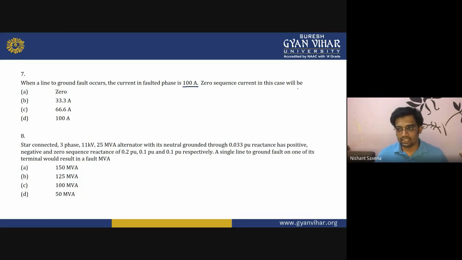The zero sequence current in this case would be, given that it is a single line to ground fault, what? I told you in the previous question that it will be equal to IA by 3, which is 100 by 3, coming to 33.33 amperes. So the correct answer is answer number 3.